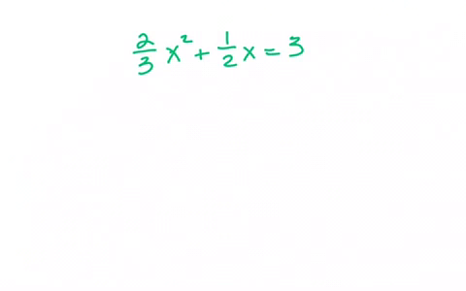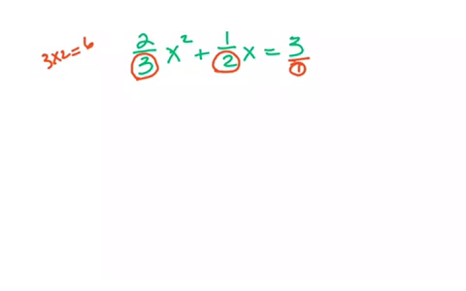I'm going to multiply 3 times 2. Well, actually, maybe I should say times 1, because the 3 has a 1 underneath it. So 3 times 2 equals 6. So my common denominator is 6.